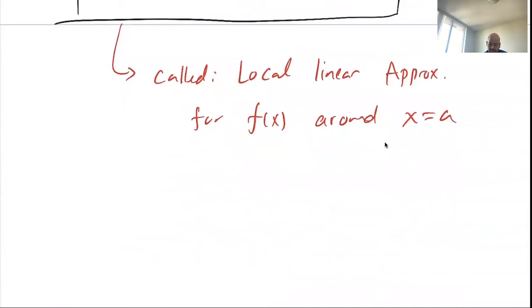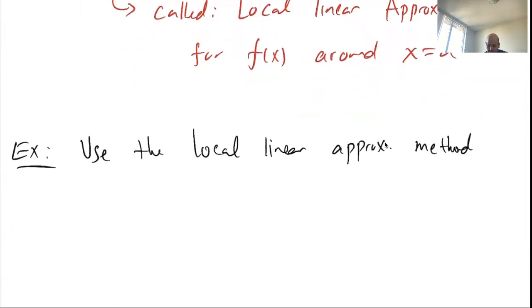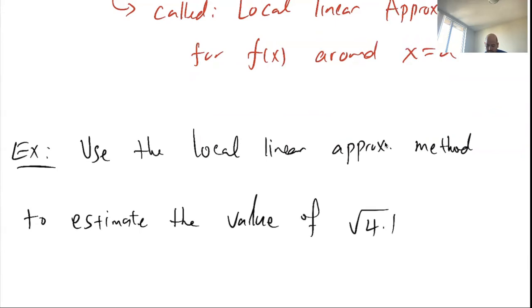Okay, so let's see an example. Use the local linear approximation method to estimate the value of root 4.1.